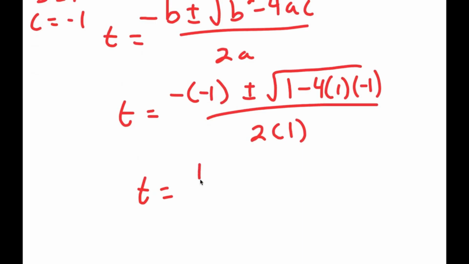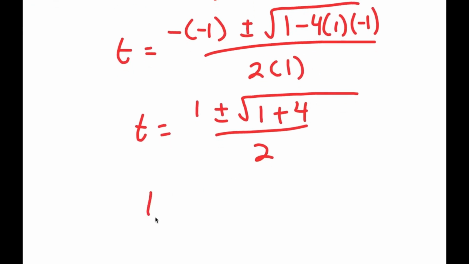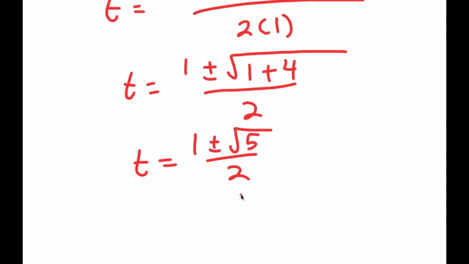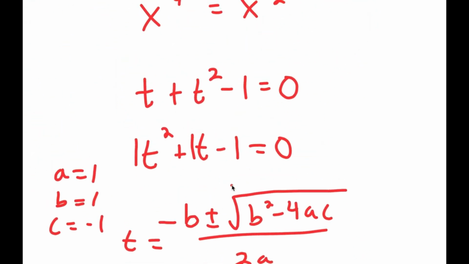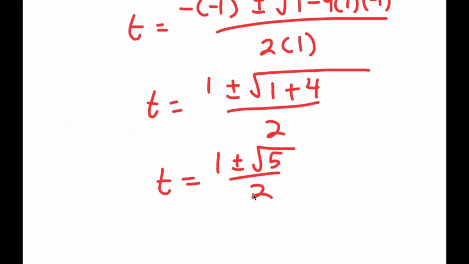And this is equal to positive 1 plus or minus the square root of 1 plus 4, because negative 4 times negative 1 is positive 4, all over 2. And this is equal to 1 plus or minus the square root of 5 over 2. So now we get t equals 1 plus or minus the square root of 5 over 2.